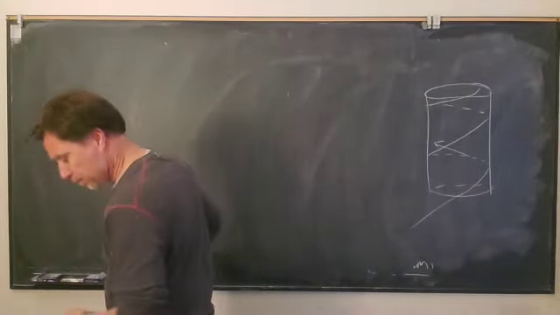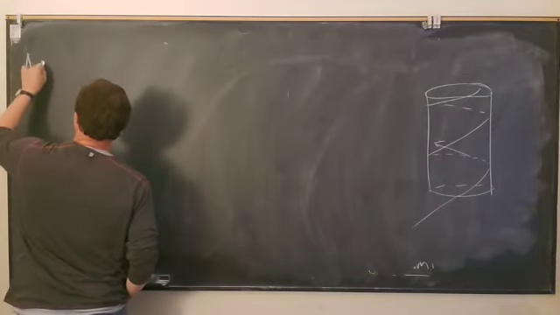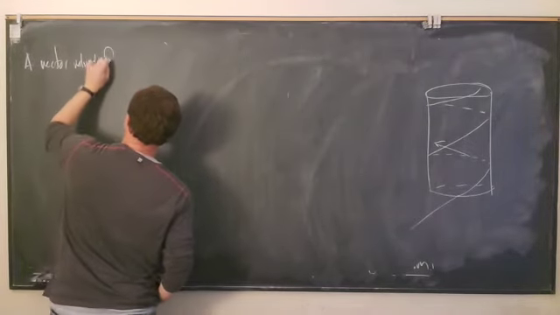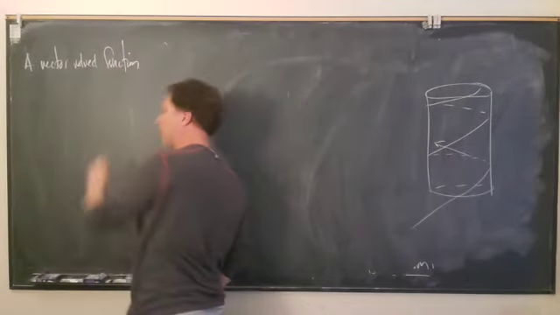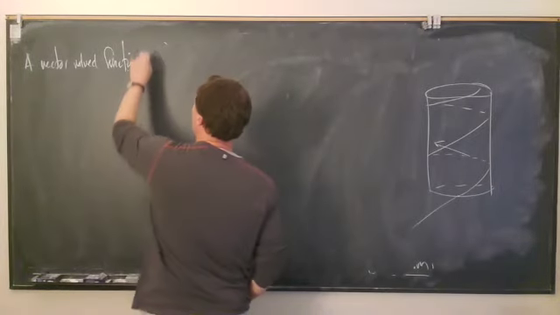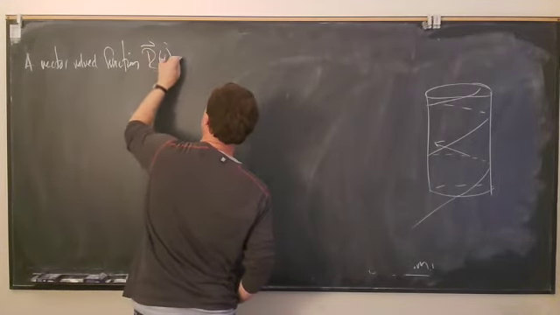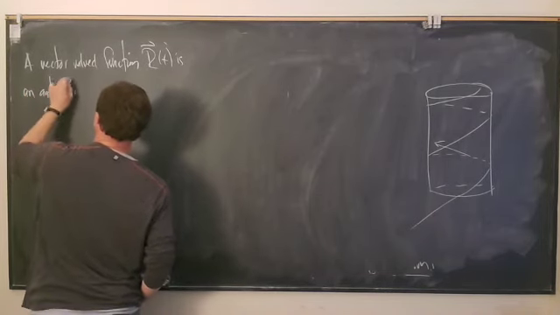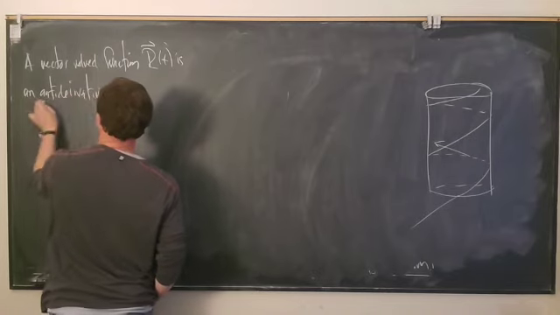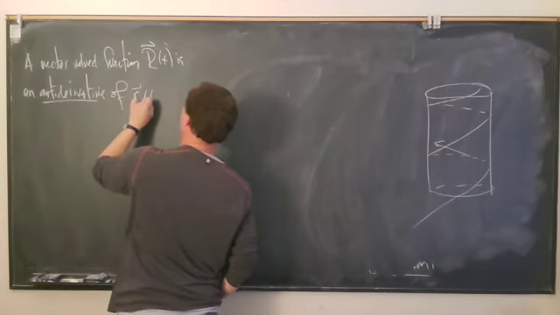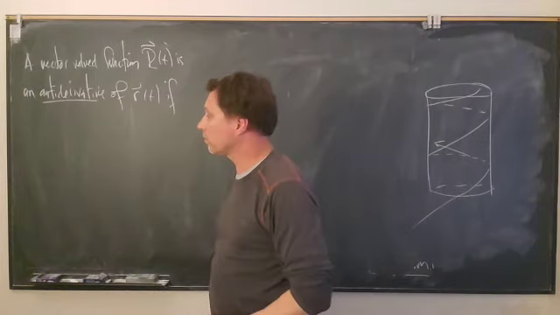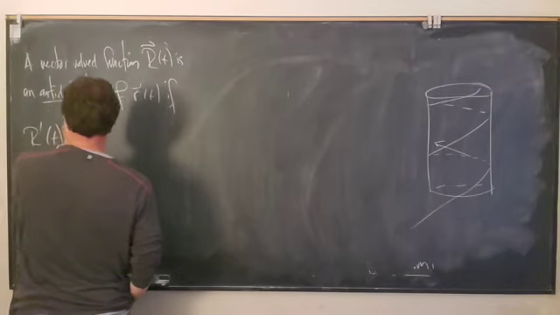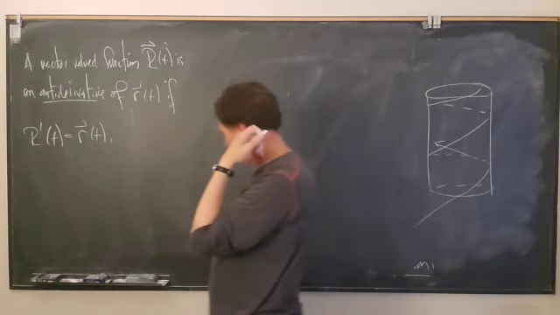So a vector valued function, let's call it capital R of t, is an antiderivative of little r of t if the usual thing, capital R prime of t, is equal to little r prime of t.